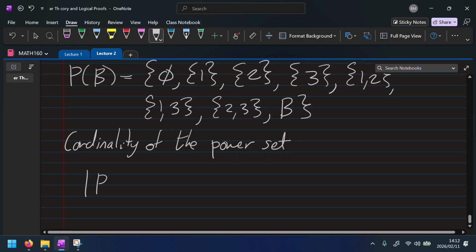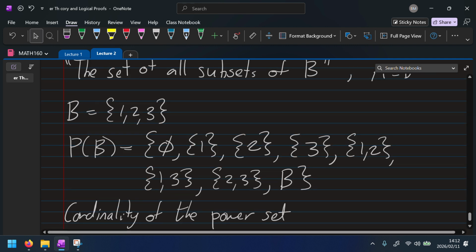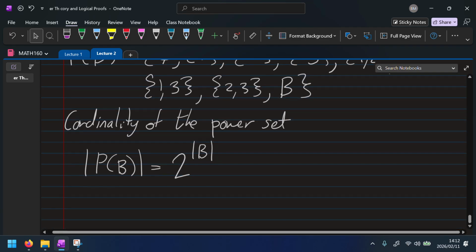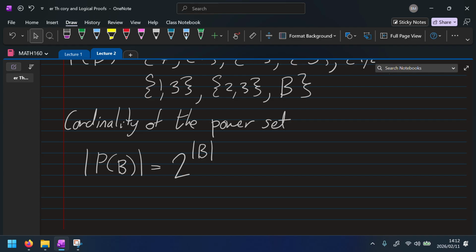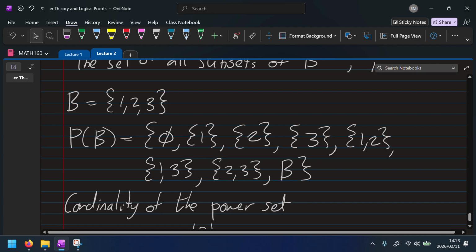The cardinality of the power set is equal to 2 to the power of the cardinality of the set B. So in this case, how many elements do we have in B? 3. So the cardinality of B is 3. So how many should we expect for the power set? 2 to the 3, 2 times 2 times 2, 8. Yeah. Let's check. So quick count. Do we have 8?